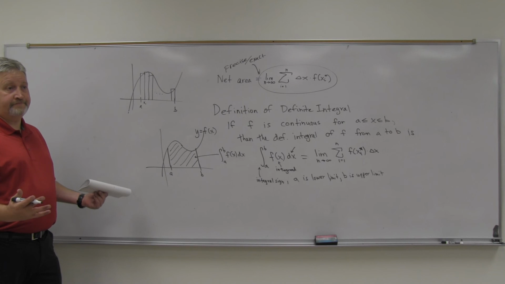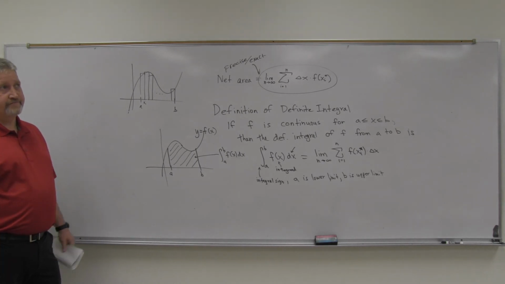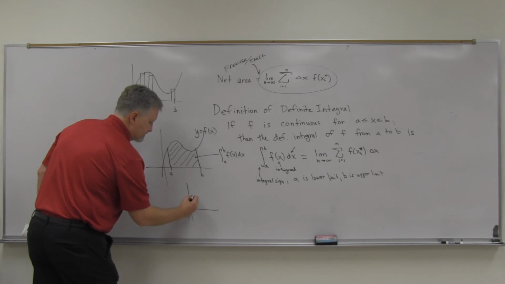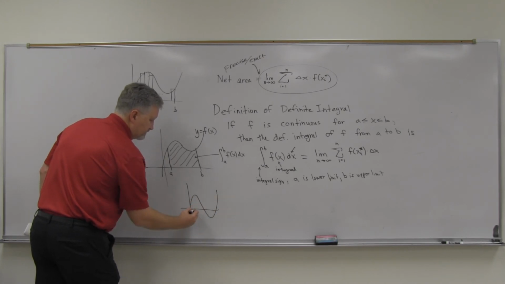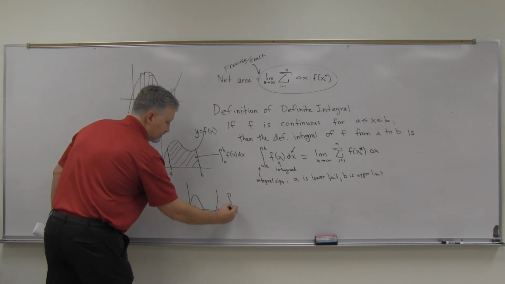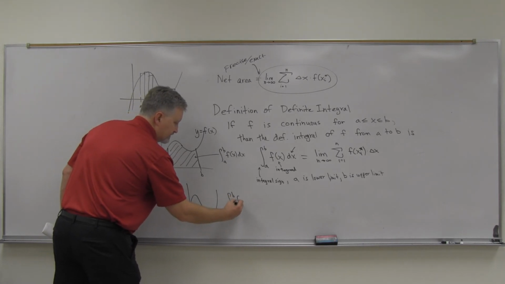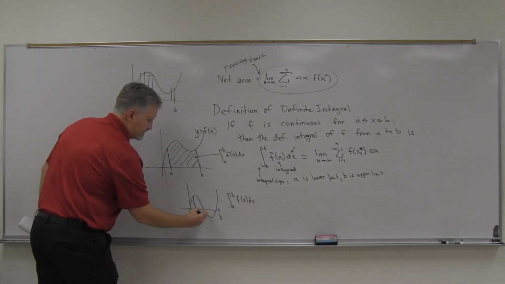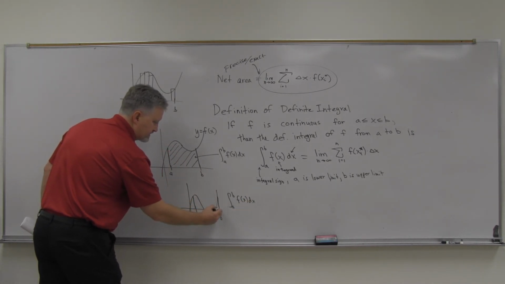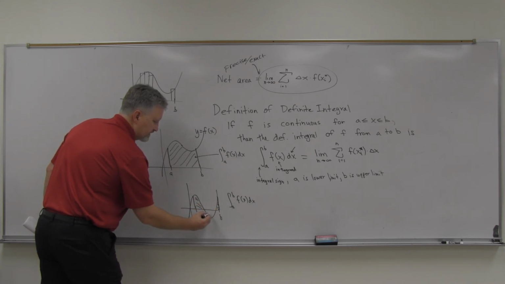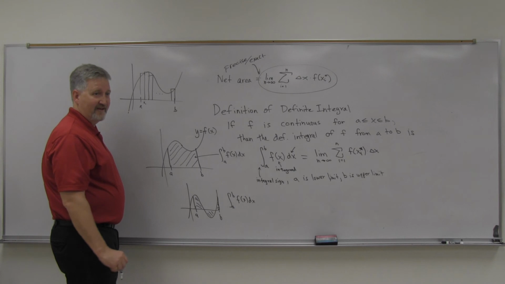Now, area can kind of get you in trouble, because what if your function does this? Here's a, here's b. So what the integral there represents, well, it's this area, and then this area. But then what happens with this area? You got a negative, don't you?